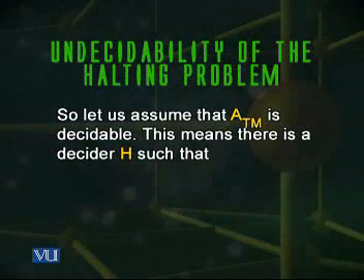We will start by assuming that ATM is decidable and reduce that to an absurdity. So we will use proof by contradiction. We want to prove that ATM is undecidable, so the negation of that statement is that ATM is decidable. What does that mean?